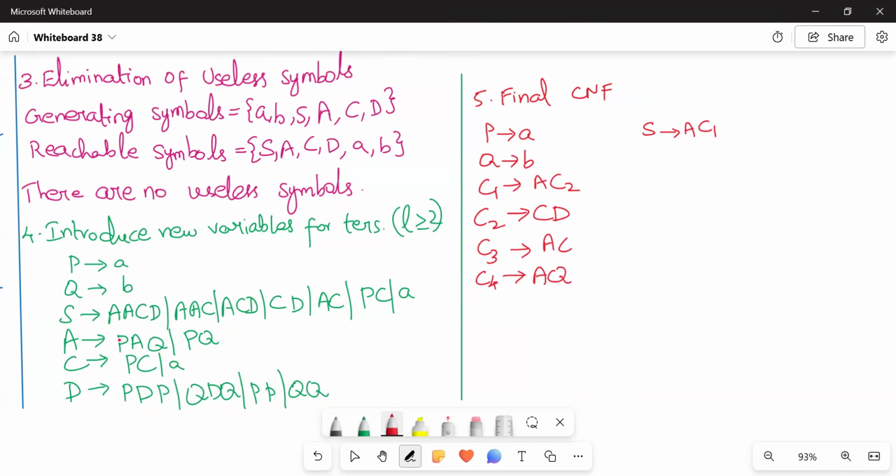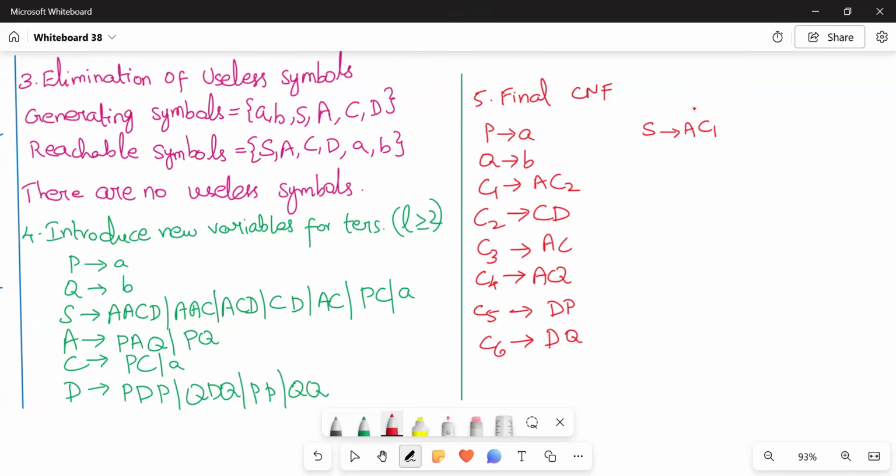The first symbol we can keep as it is. For the second and third symbols only we are introducing a cascade symbol. Then here also, C5 tends to DP. Similarly, C6 tends to DQ. Here 1 to 6 are suffixes only. C1 is a single variable.